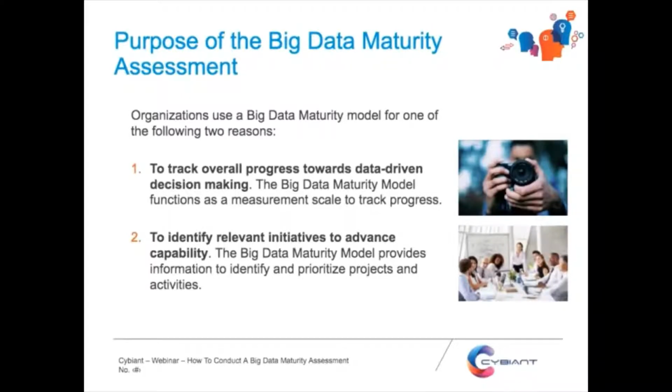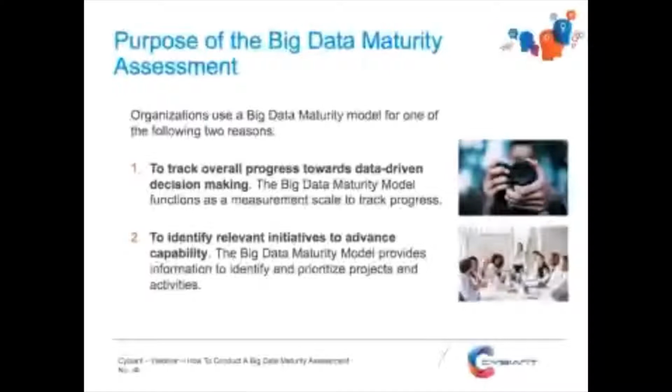First of all, a big data maturity assessment is used to track the overall progress. It is a snapshot at a particular moment in time of the current state of the organization. And that's also why you see the picture on the right. So basically what we do is we take a photograph of what is currently in the organization and how well or capable we are at doing things. That's the first objective of why a big data maturity assessment is done.